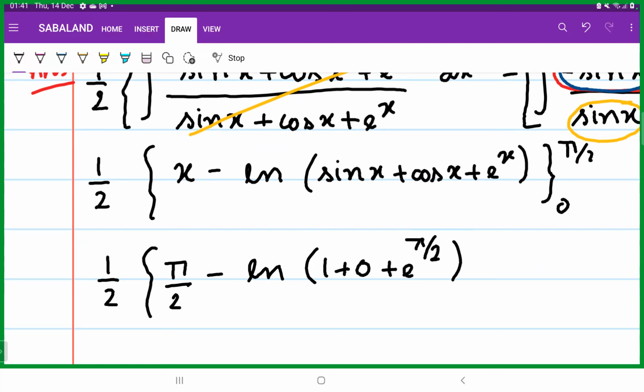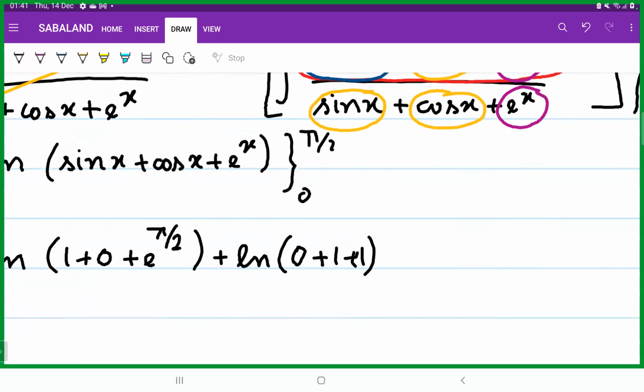And when we apply the lower limit, we are going to get minus of minus ln, and x will be 0, so it will become plus ln of 0 plus 1 plus 1.